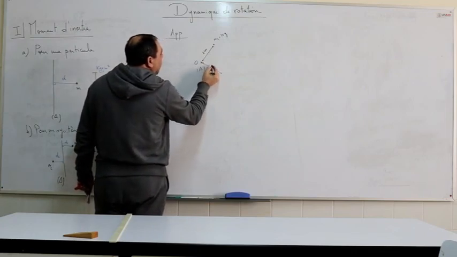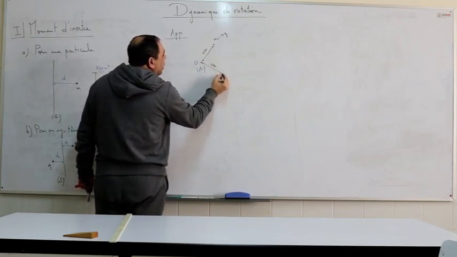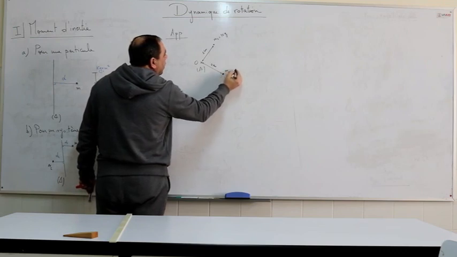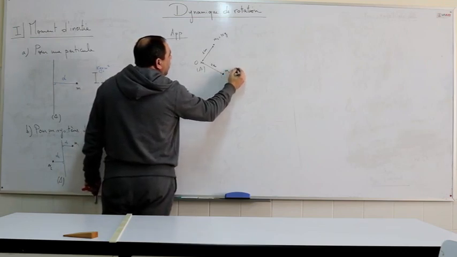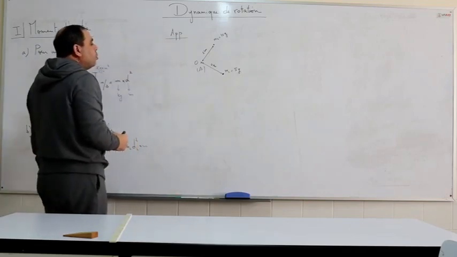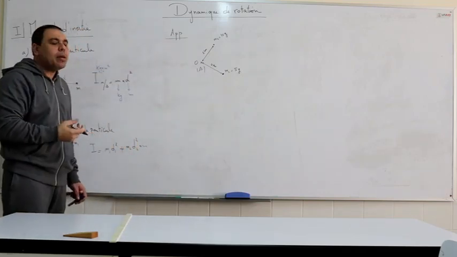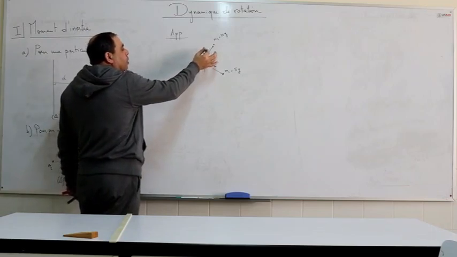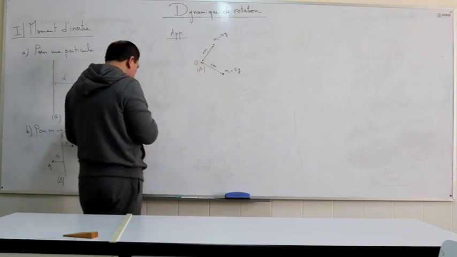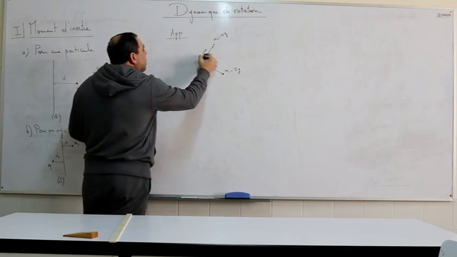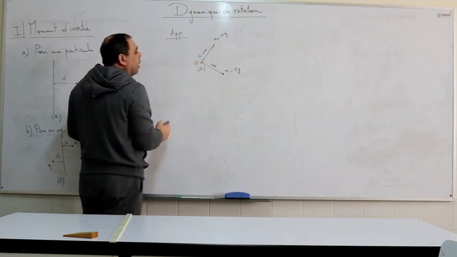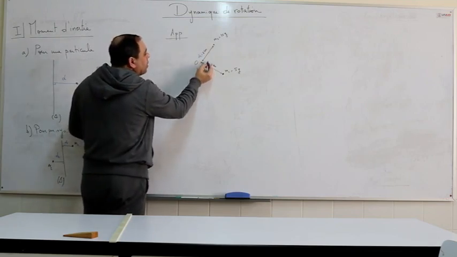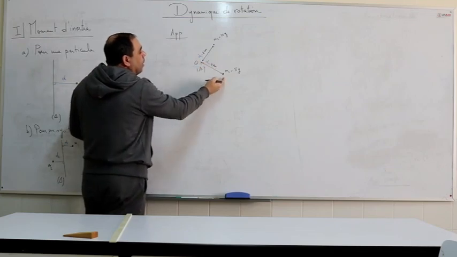Another particle is at 4 centimeters from delta and has a mass of m2 equals 5 grams. So what is the moment of inertia of the system formed of the two particles with respect to delta? The 2 centimeters is the distance d1 of m1, whereas the 4 centimeters is the distance d2 of m2.